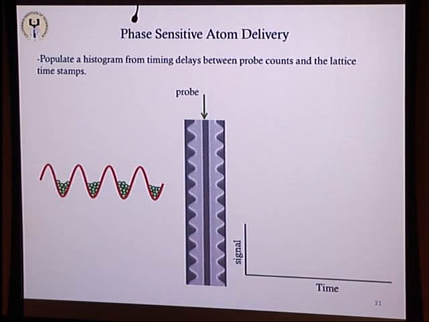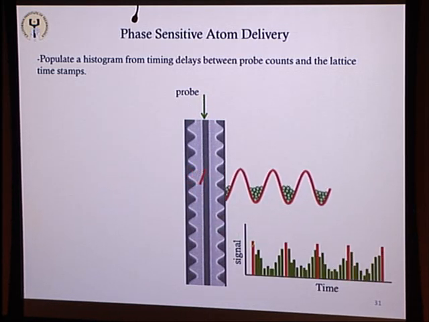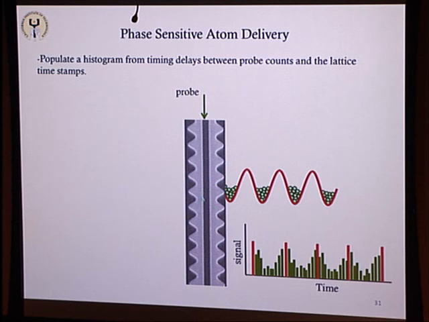So in a more cartoony way of looking at it, this is the lattice. The atoms are trapped in these potentials within the lattice, and then we send the lattice through this structure, and then this probe beam interacts. When the atoms are strongly coupled, the probe is attenuated because it's on resonance with the atoms.